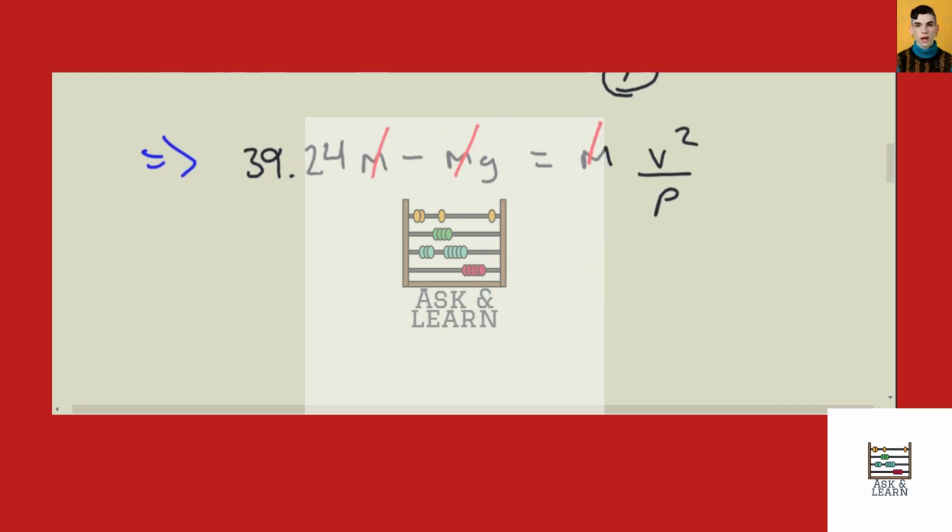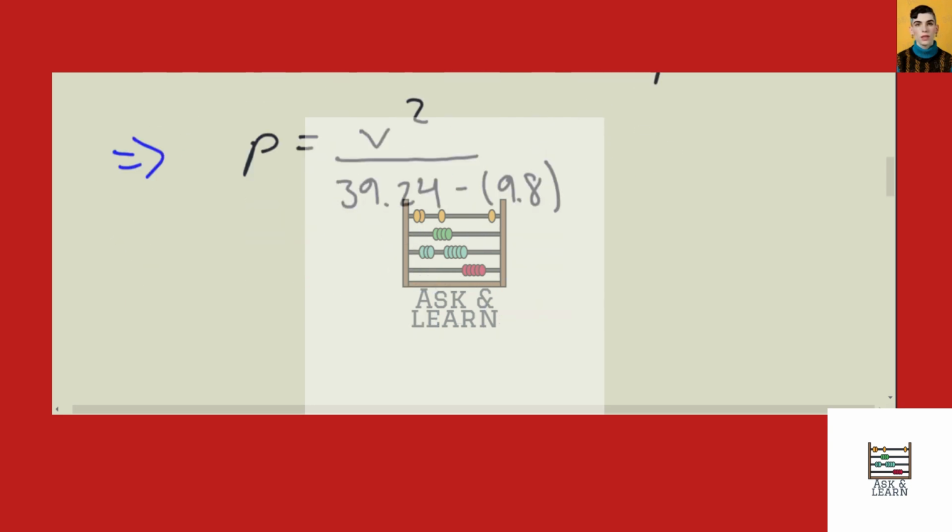Now we can solve for rho. So we have rho is equal to v squared divided by that 39.24 minus gravity, which is 9.8. So plugging in our velocity, we get rho, the radius of curvature, to be 26.25 meters.